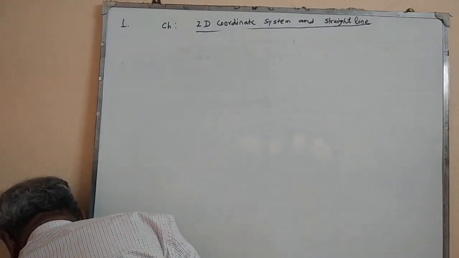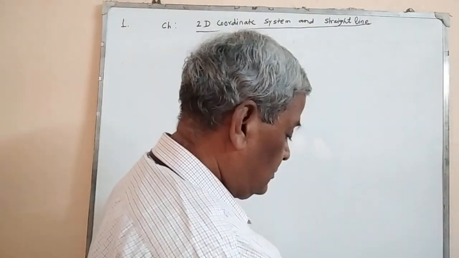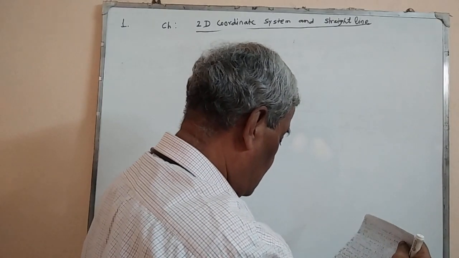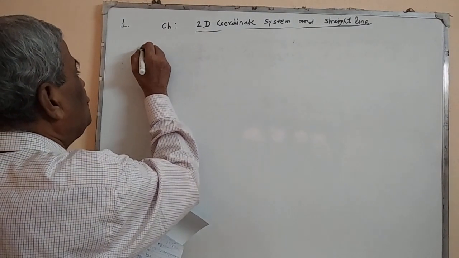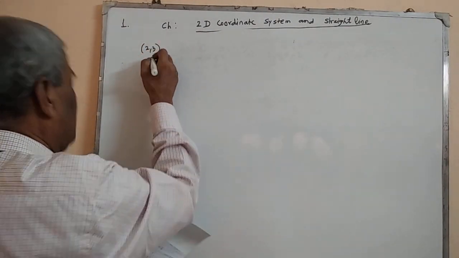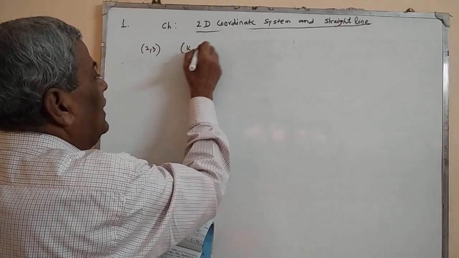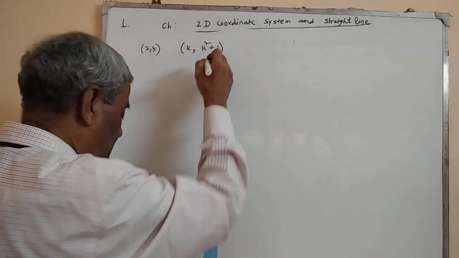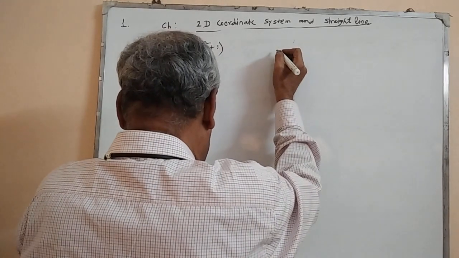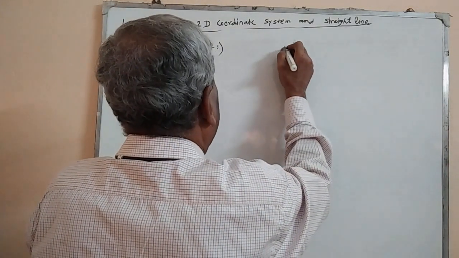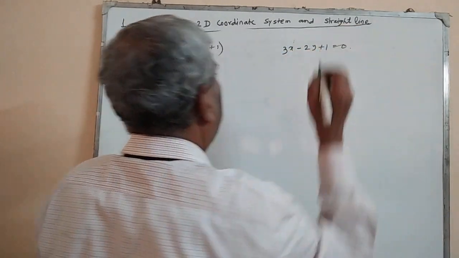Next problem. Range of k so that the point (2, 3) and the point (k, k squared plus 1) lie on the same side of the straight line 3x minus 2y plus 1 is equal to 0.